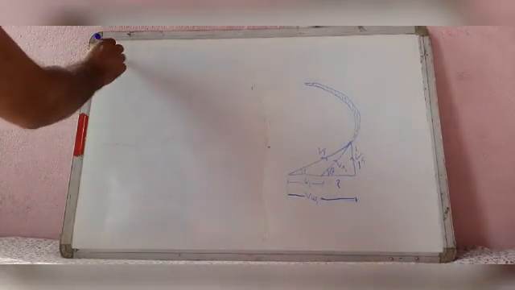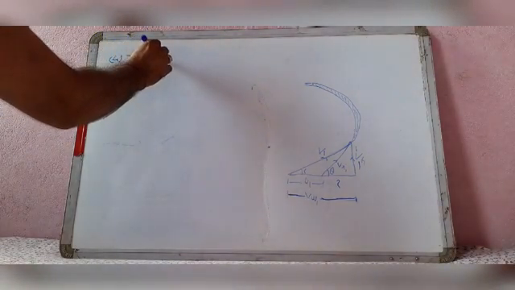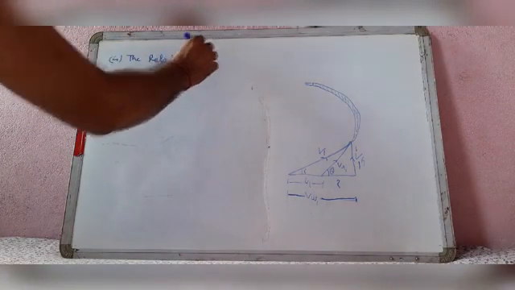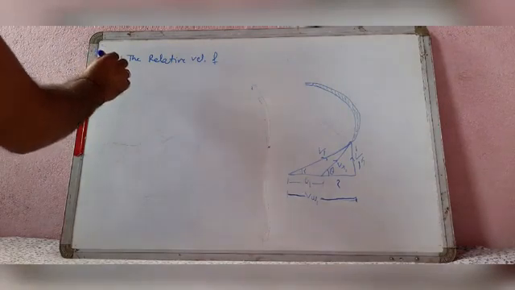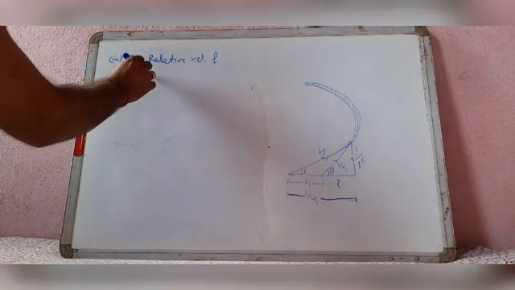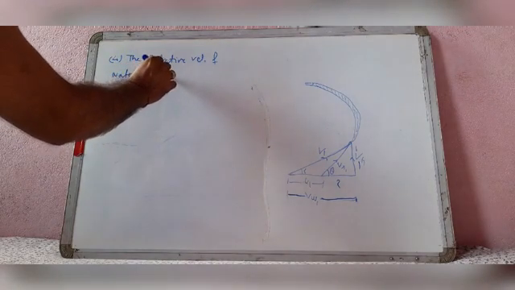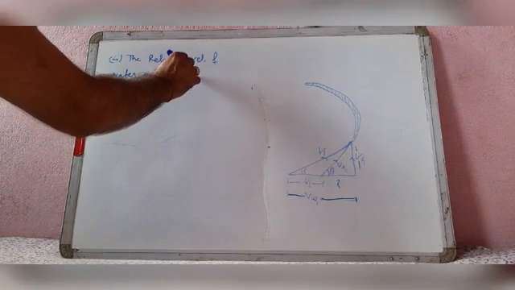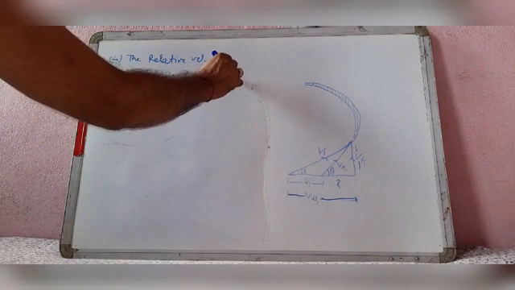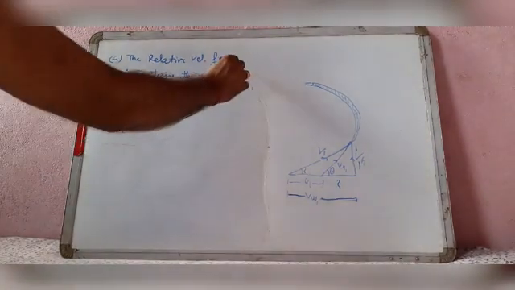Fourth, the relative velocity of water entering the runner blade, VR1.